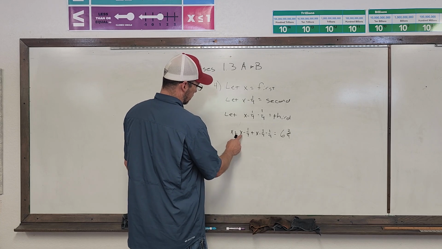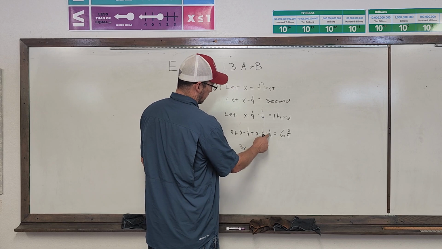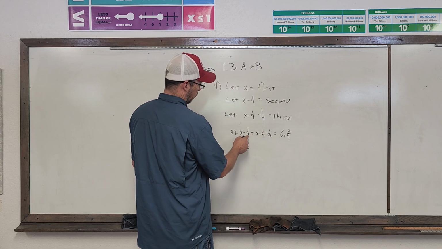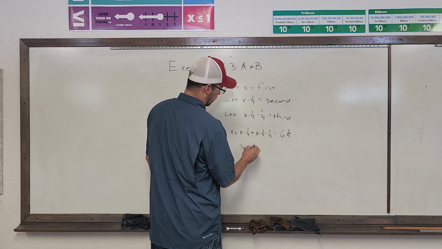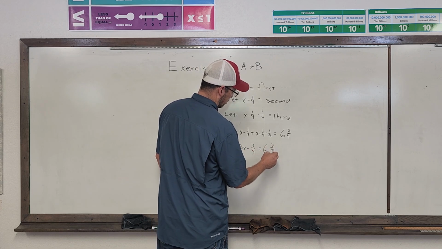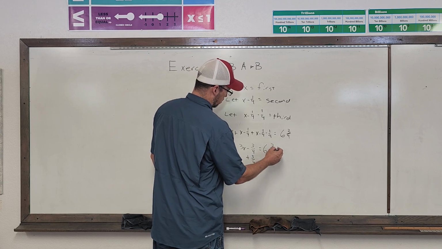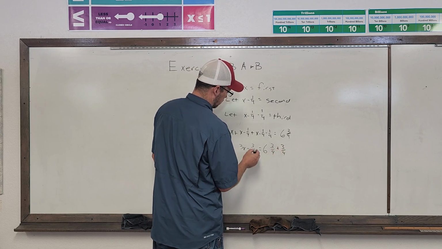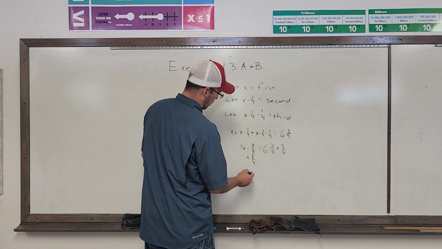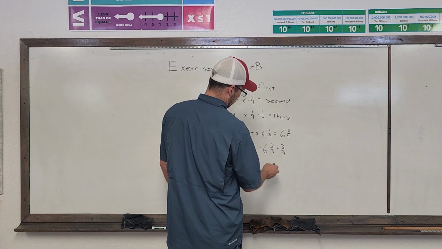Combine like terms: 1x, 2x, 3x. Then I have a negative 1/4, 2/4, 3/4, equals 6 3/4. Isolate the variable by moving everything to the other side. I'm going to get 3x equals 7 1/2, because 3/4 plus 3/4 is a half.